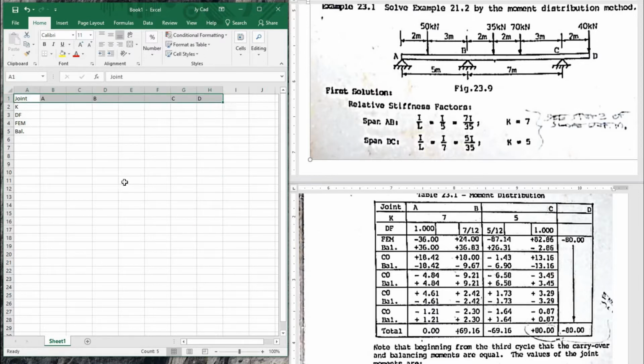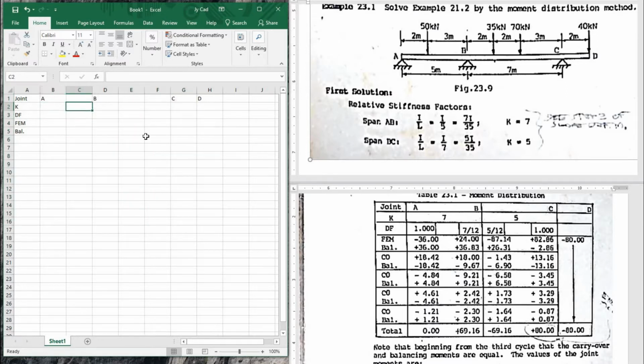Ayan. And then dito, so this is AB, tapos this is for BC. Okay? Take note na yung B nasa gitna.